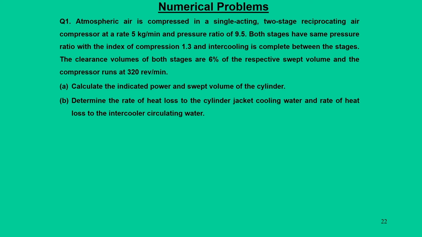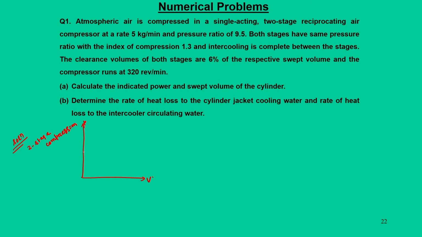Whatever we have covered today, let me try to solve a simple problem based on our analysis. The problem for discussion today is a two stage compression. If you come across such a problem, the first thing you must do is draw the thermodynamic PV diagram for a two stage compression system.